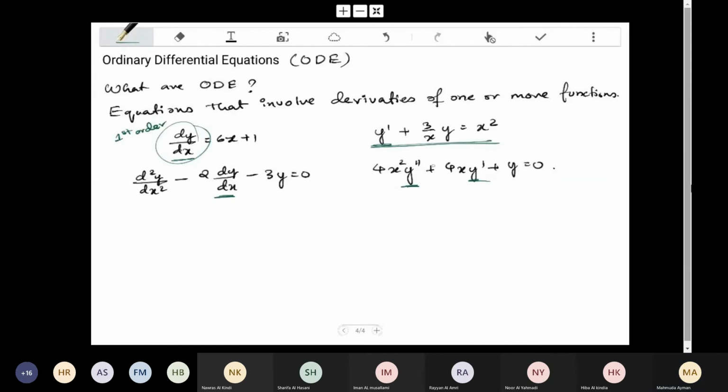So let me not say that part now. Maybe we'll just say this is a first order equation and this is a higher order equation. Now we can see we have different notations here also. Sometimes the derivative is written as dy by dx, and sometimes it's written as y prime and y double prime. We'll discuss this in some time.